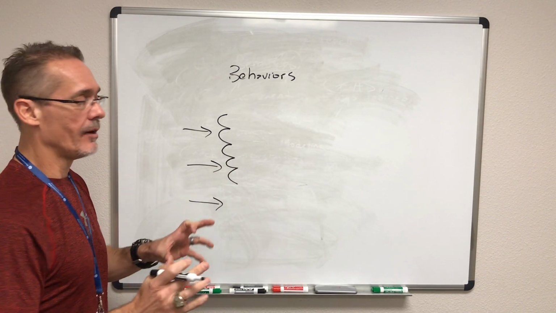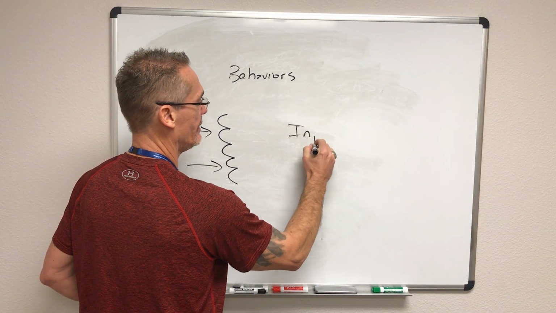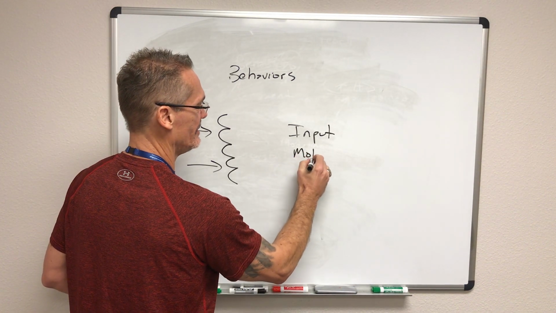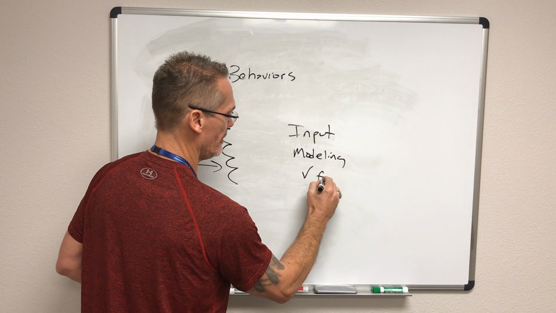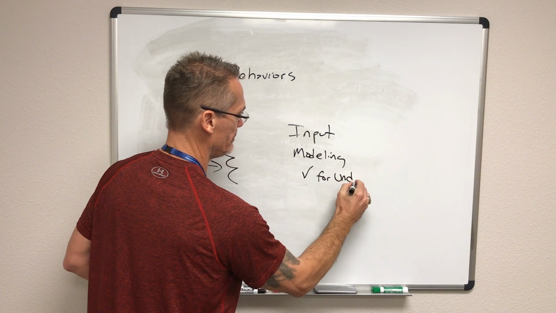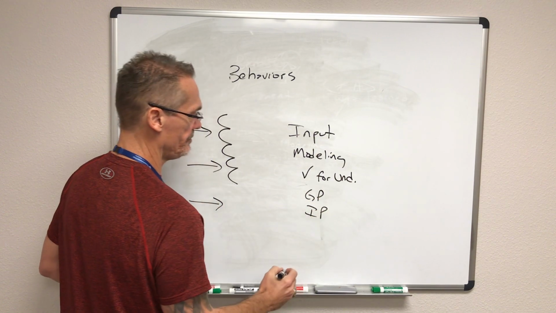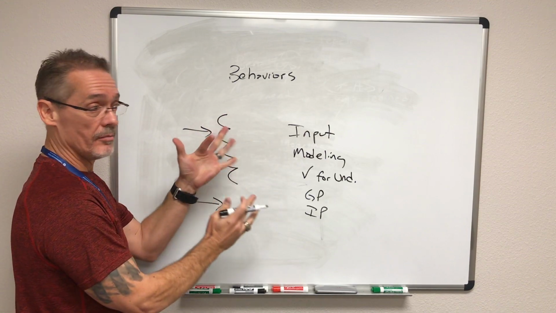Now you see what I'm saying about overlap and all these kinds of things? It's not, in practical sense, things aren't really clearly delineated. Okay, check for understanding. Guided practice, independent practice, right? There's merging in between, right?